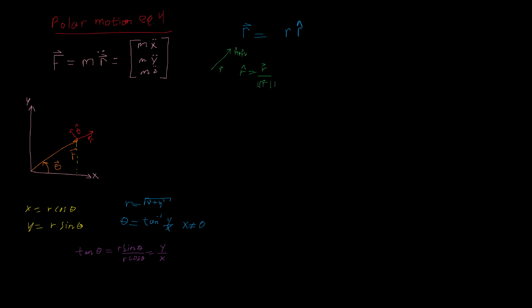So what is the velocity? Well, velocity is going to be r dot, so that's just d over dt of r times r hat. But since this is a product, you take the product rule. So this becomes r dot times r hat plus r times r hat dot. And so this becomes interesting. What is this r hat dot that we're taking?